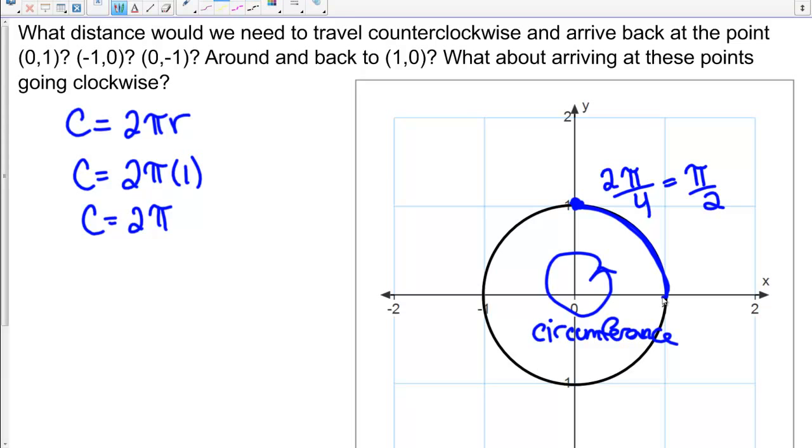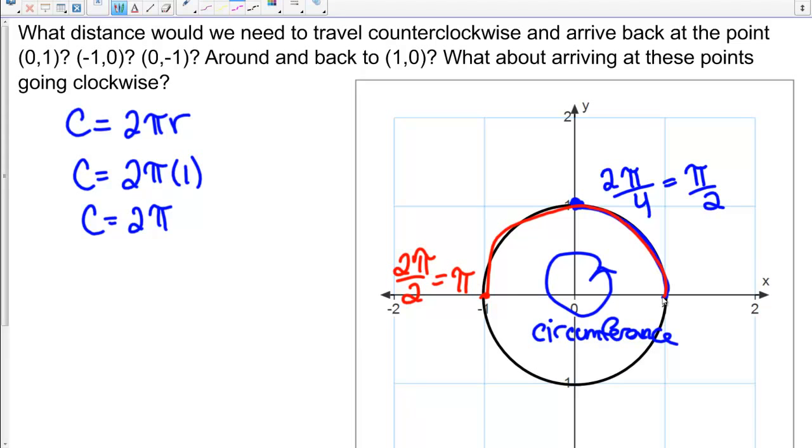What if we want to get to (-1, 0)? We're going to start from (1, 0) and go around. Now we've gone half of the circle, so 2 pi divided by 2 gives us pi. We've gone a distance of pi.